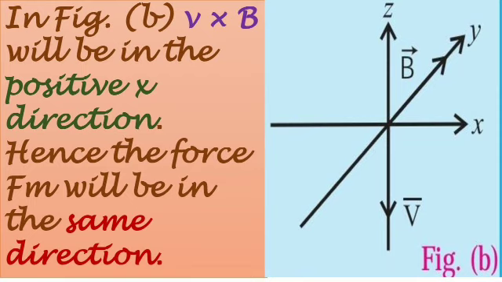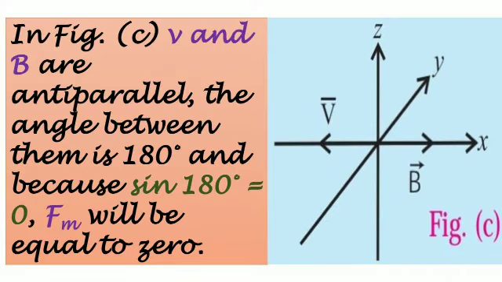Then next we have figure C. In figure C, vector V and vector B are anti-parallel. The angle between them is 180 degrees, and because sine 180 is 0, the magnetic force Fm will be equal to 0.